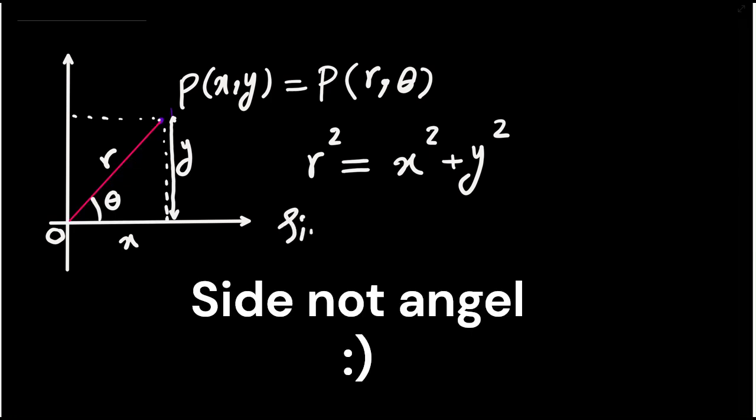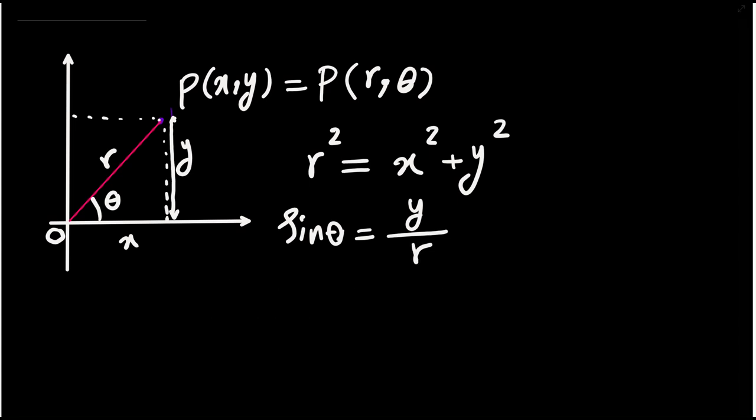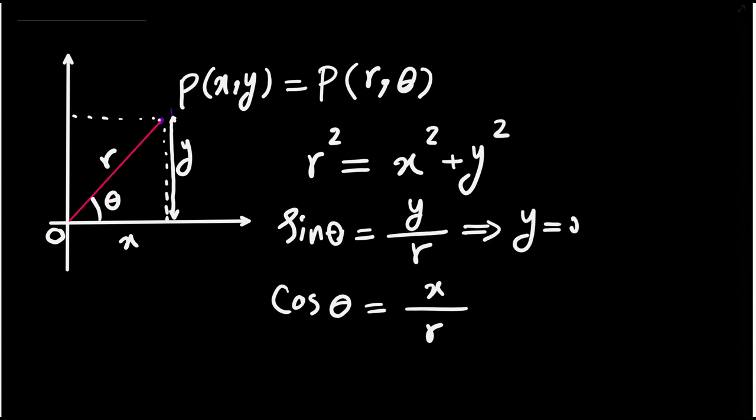So sine theta equals y divided by r, and cosine theta equals x divided by r. From sine of theta, you can calculate that y is r sine theta, and from the equation of cosine, you can understand that x is r times cosine theta.